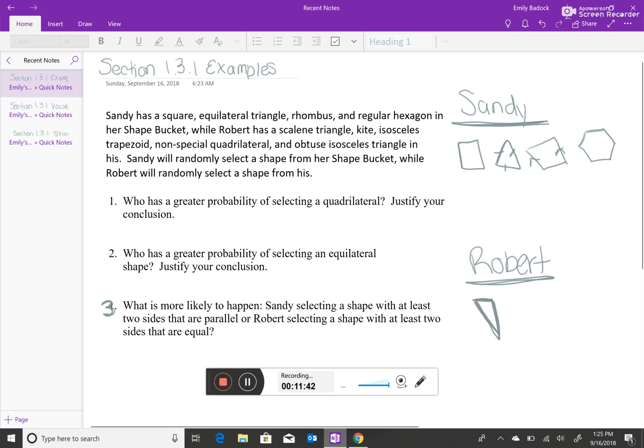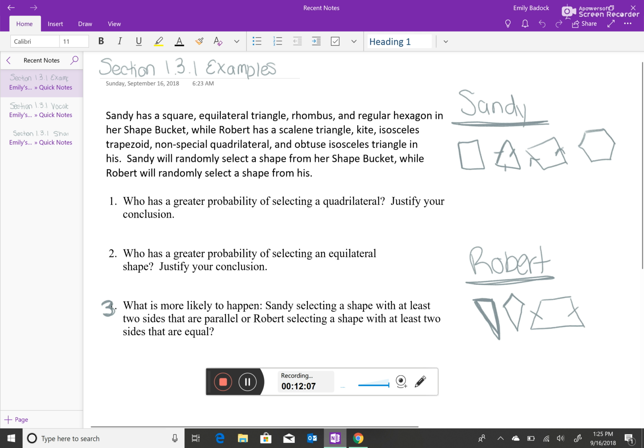So there's his right triangle with none of the sides equal. Then he has a kite. Then he has an isosceles trapezoid. That is going to look something like this, where both of those are equal because isosceles means two sides are equal.